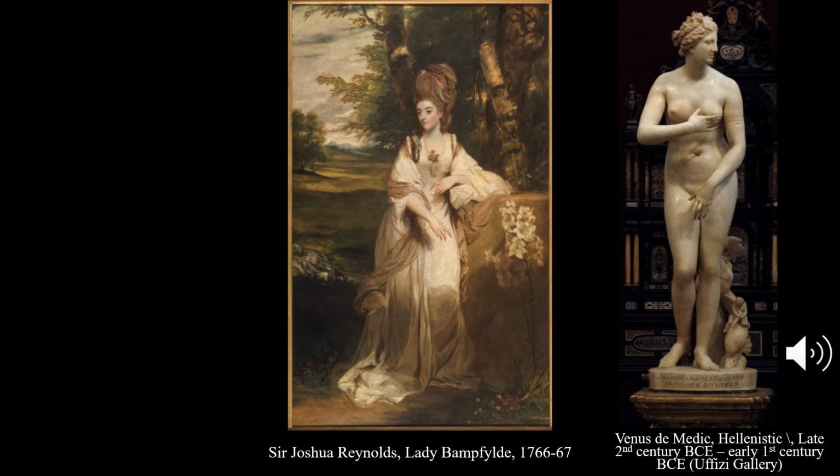Lady Bamfield is dressed in flowing white draperies, and in her bosom, and this might be hard to see on your screen, she wears a pansy. Her right hand is pointing down toward a massive white lily, which is a time-honored emblem of purity.